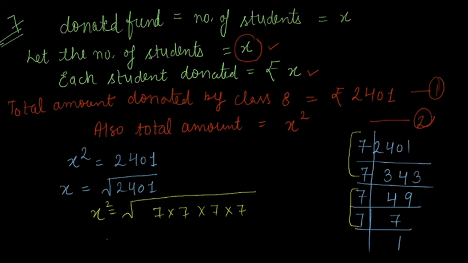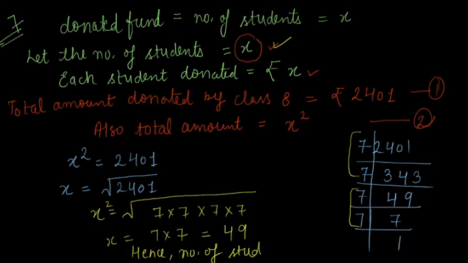This is your x square, and x becomes 7 into 7, which gives you 49. It means the number of students. We have assumed x as the number of students. Hence, the number of students who donated for the fund is 49.